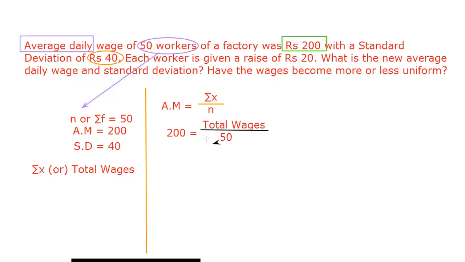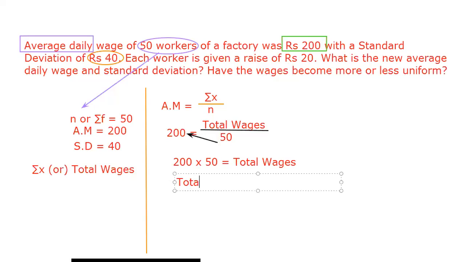We need to multiply 200 into 50, which is equal to total wages. So our total wages is equal to 10,000, right?